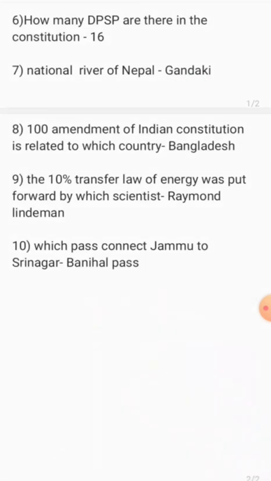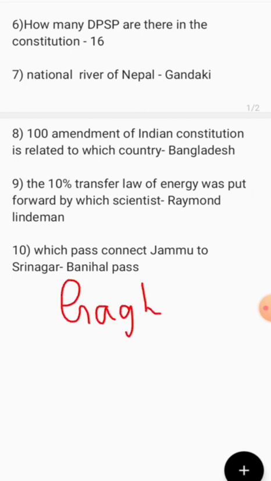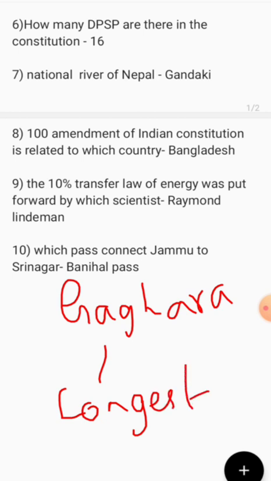There is also another river known as Narayani. Gagra is another river that's also a tributary of Ganga, and this is the longest river in Nepal. So Gandaki and Gagra are two rivers that are associated with Nepal.